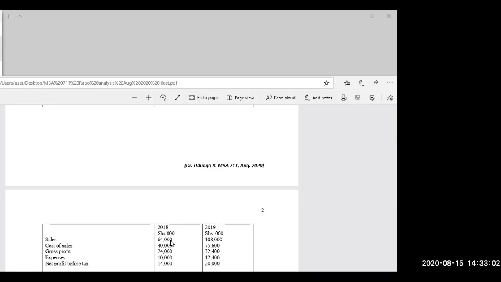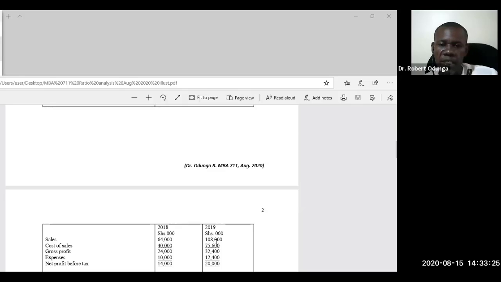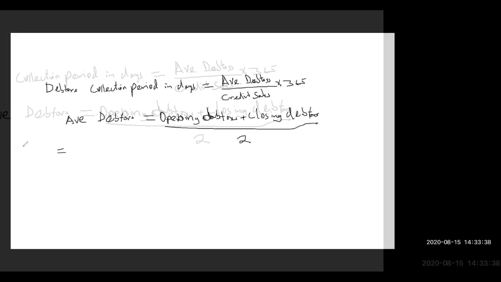We take the 12,250 divided by the sales for 2019, which is 108,000. This is for 2019, and that is for 2018.